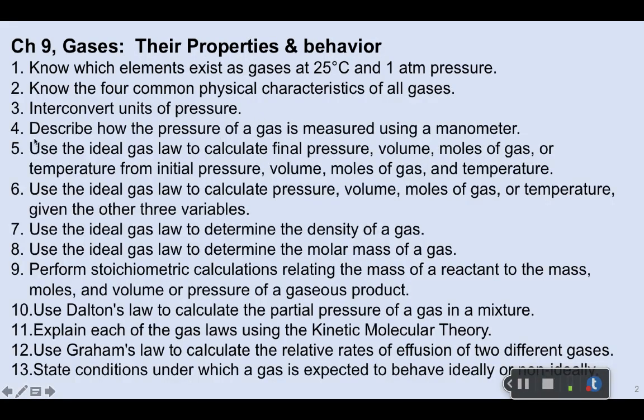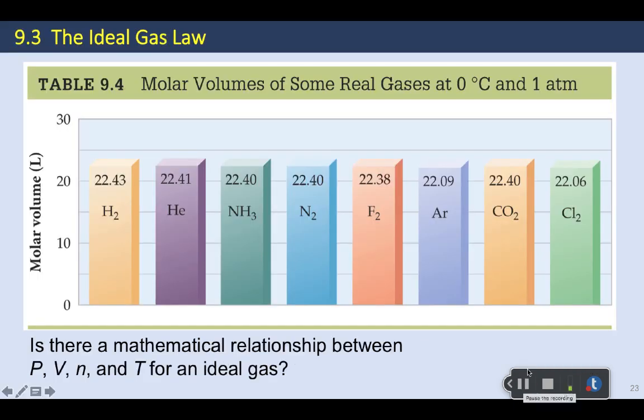This would again be part of our objectives for this chapter. We'll be looking at the ideal gas law to calculate pressure, volume, or moles of gas or temperature given the other three variables. We'll use that later to do the subsequent things, but not in this particular discussion.